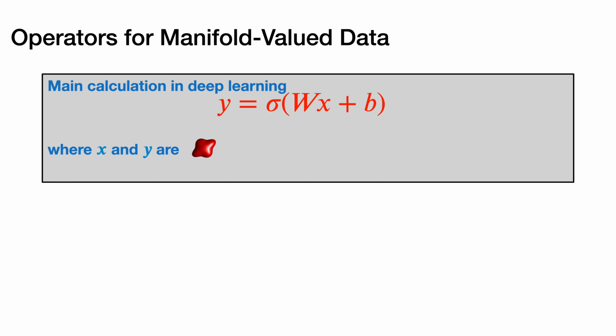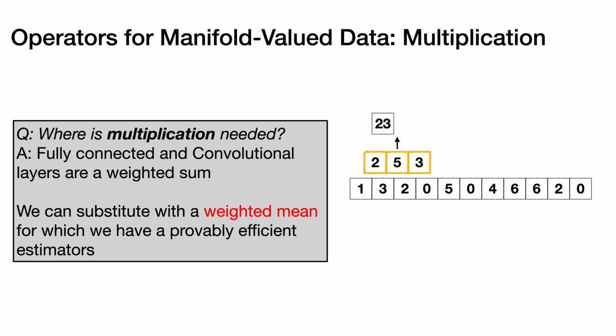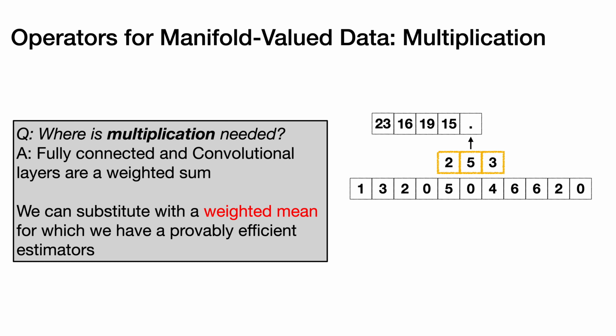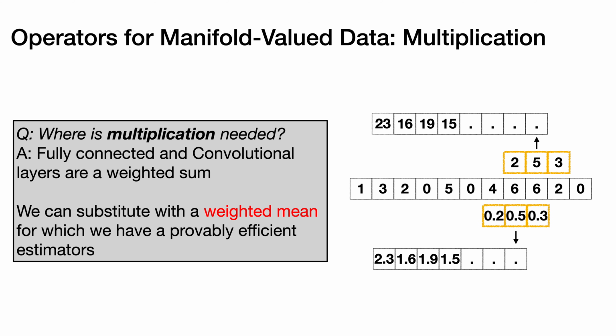So, what operations are needed? In deep learning models, we encounter three major operations: multiplication, addition, and activations. For multiplication, we can substitute the weighted sum with a weighted mean and apply the geometric distance to iteratively compute the result.